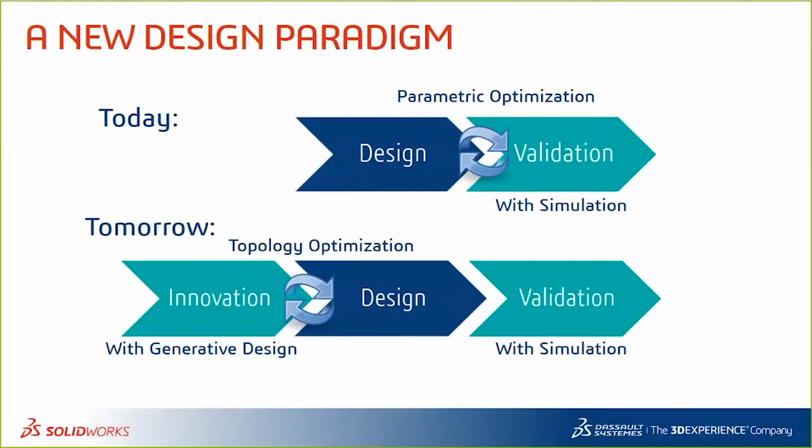But what if you could completely change that initial design so that you have the best design from the beginning, and running design validation after that point is more of a confirmation, and you're able to make small changes to get not just the best part, but the fully optimized design.